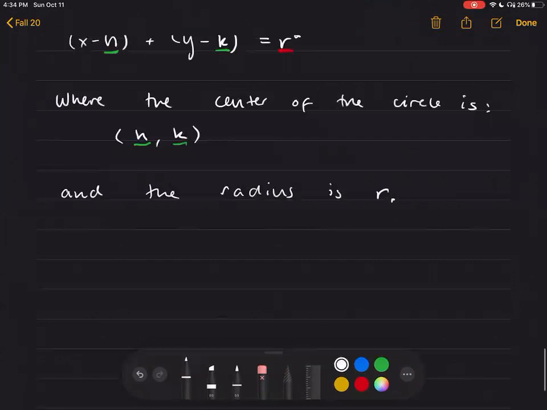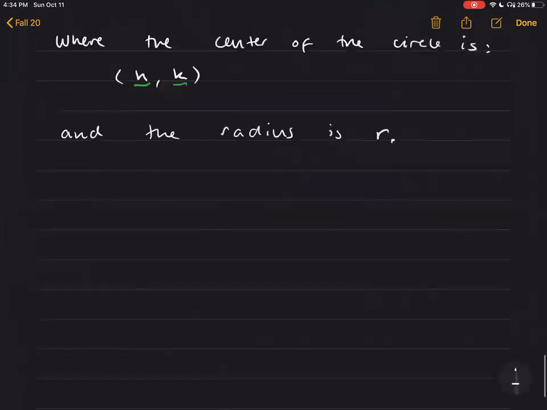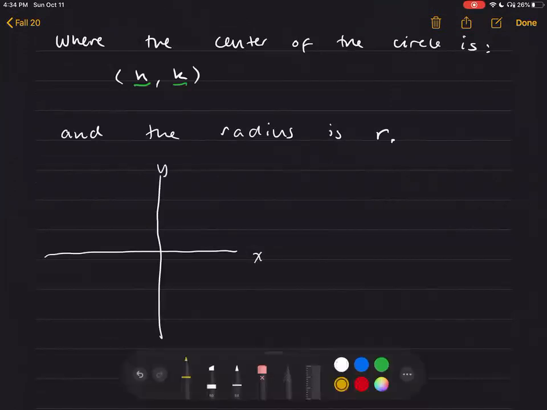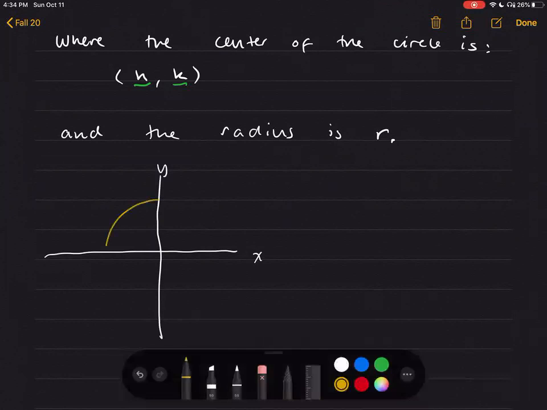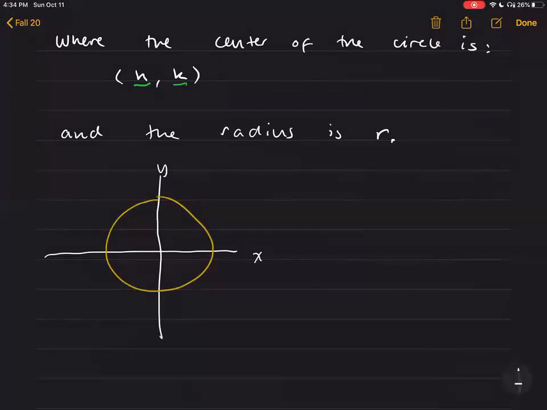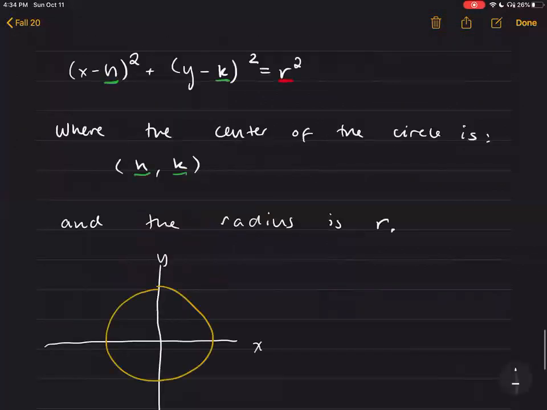So a circle should look just like this, right? This would be x squared plus y squared equals 1.